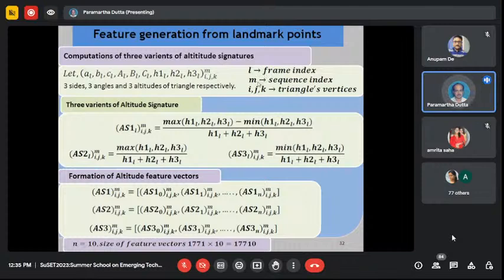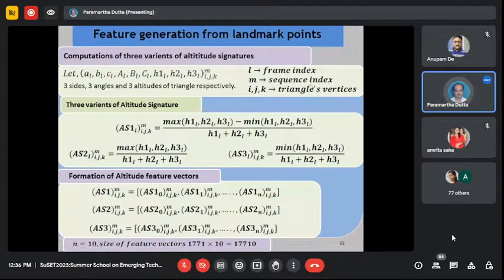There are different frames and different sequence indices. For each and every triangle, there are three possible heights, H1, H2, H3, and these are the angles, these are the sides. So accordingly, 3 plus 3 plus 3, nine pieces of information are maintained for a specific image sequence, with i, j, k being the vertices of the triangle.